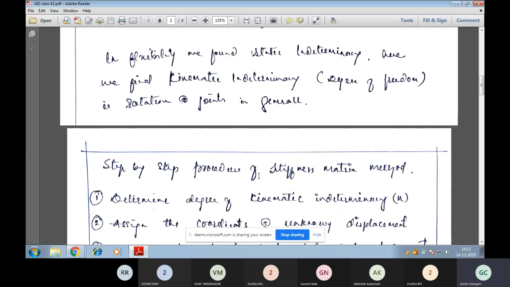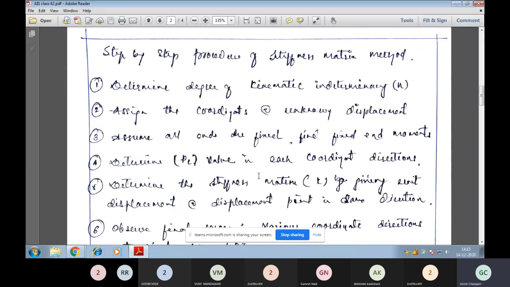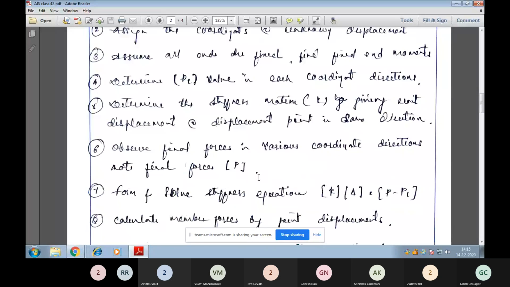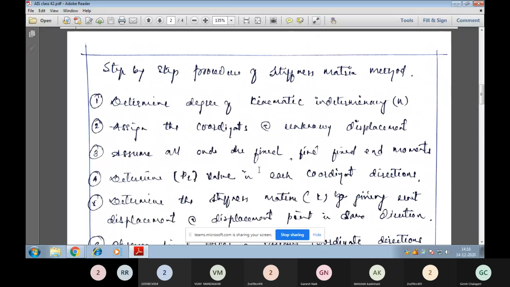So let us first go through the step-by-step procedure for solving by the stiffness matrix method. These are the steps used to analyze. Usually there are 8 steps. Whenever a problem is given, whether it is a continuous beam, a bent frame, a frame, or a truss, whichever the condition, our first step is to determine the degree of kinematic indeterminacy. That is, the number of degrees of freedom at each joint will be known.